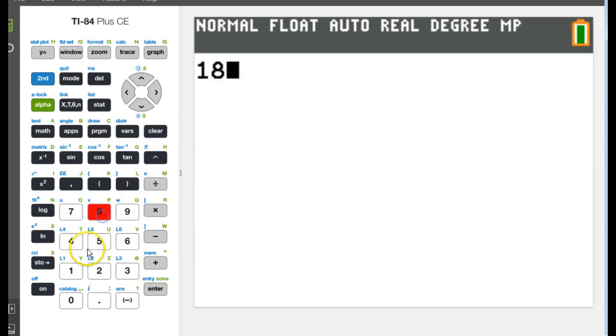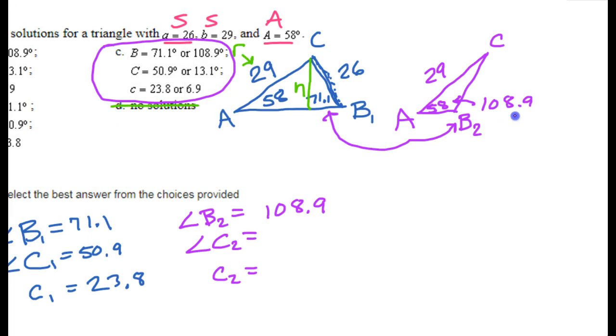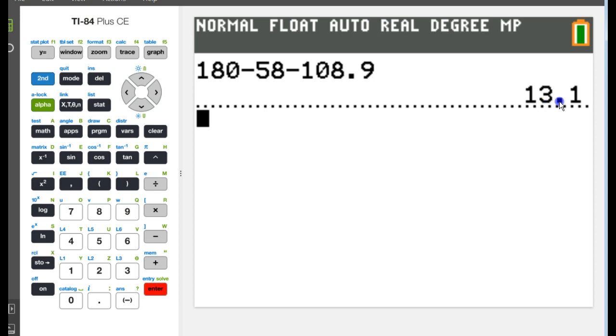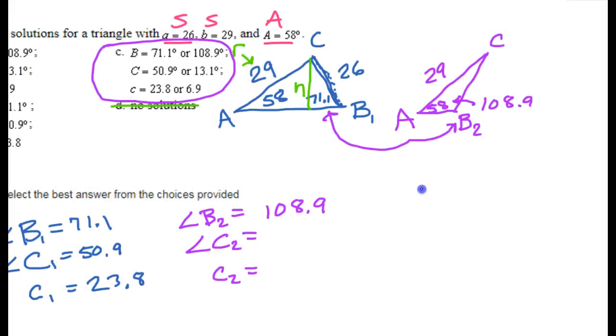So if I do 180 minus 58 minus 108.9, that's 13.1. So that tells me that this angle is 13.1. All right, so that's angle C2.